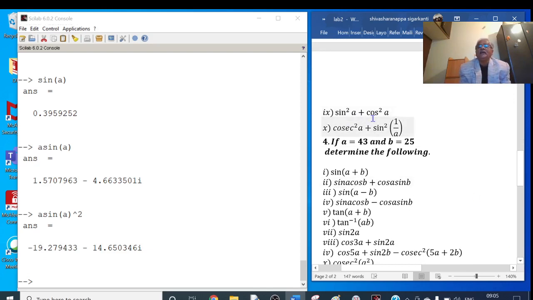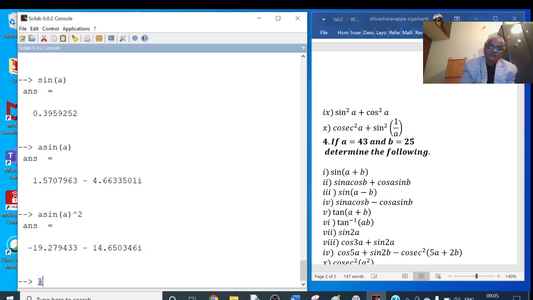Next, sine square A plus cos square A. Sine square A, I have to write this as sine A, and you have to put the square here, not to A square. That gives sine of A square, and you don't put the square here. In writing, we write manually; while writing, we put that power there.